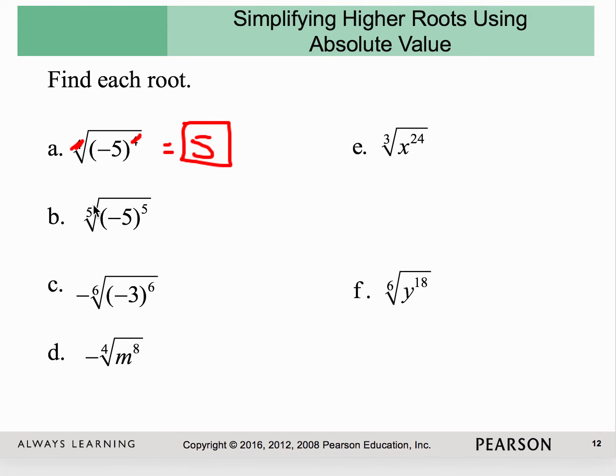All right, but what about this one? When it's odd, my negative stays. Okay, if I raise that, this means I'm going to multiply 5 negatives times itself. So when I get done, whatever number 5 to the 5th is, 5 times 5 times 5 times 5 times 5 is going to be negative. But that's okay. If I've got an odd root, I can have a negative underneath there.